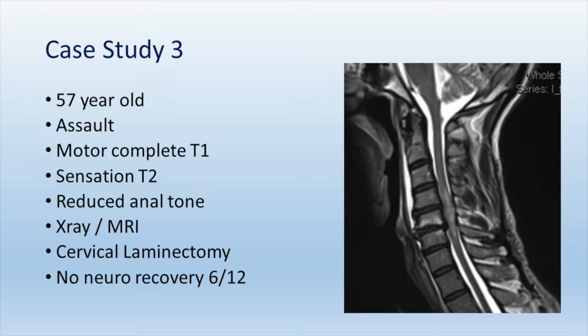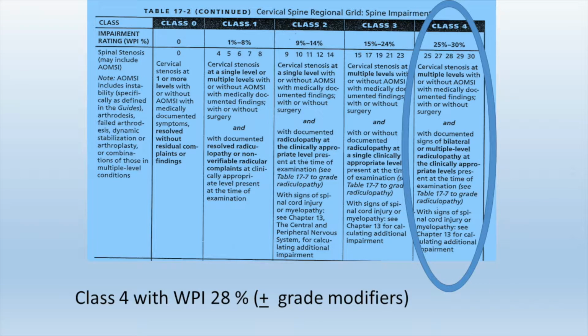So this particular patient was subjected to a cervical laminectomy, and there was no neurological recovery. So this particular individual would fall into the severe class, class 4, and you can see your whole person impairment would be 28%. So obviously that's not adequate for somebody who's quadriplegic.